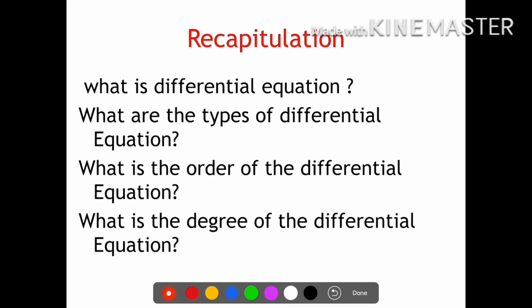Degree means: the term which gives us the order, its power is the degree. But before finding the degree, we should ensure that the equation is free from radicals and fractional powers so far as derivatives are concerned, and also that it is expressed as a polynomial equation in derivatives.